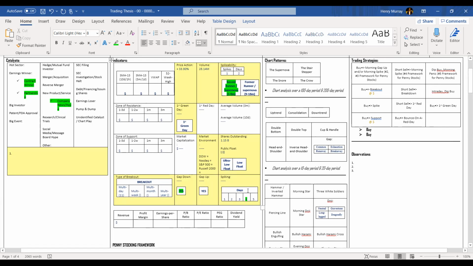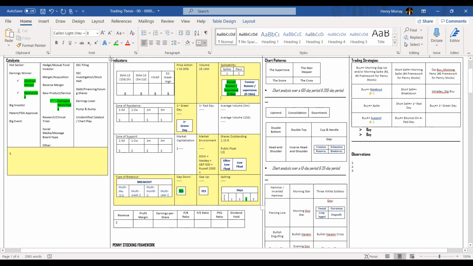Next parameter: is this an ultra low float stock or a low float stock? These 2 parameters indicate increased volatility. The lower the penny stock price and the smaller the float, the more they can increase the volatility of the stock.